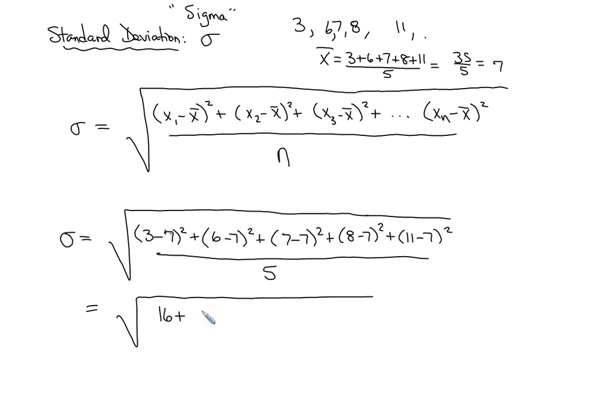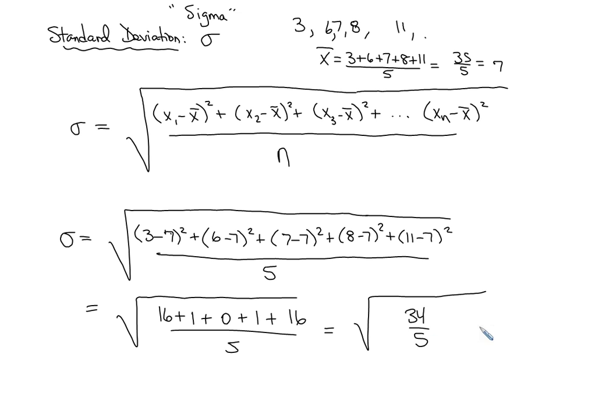6 minus 7 is negative 1, squared is 1. 7 minus 7 is 0. 8 minus 7 is 1, squared is 1. 11 minus 7 is 4, squared is 16, divided by 5. These won't all be mirror images of each other. It's just the way I happen to choose the numbers accidentally on this one. That's 32, 33, 34 divided by 5.